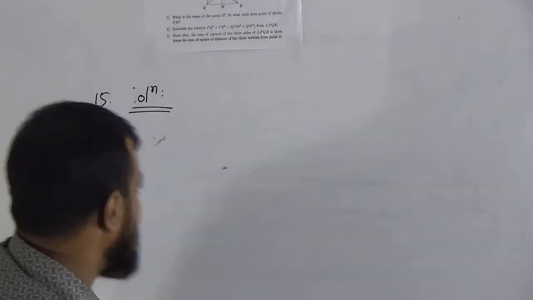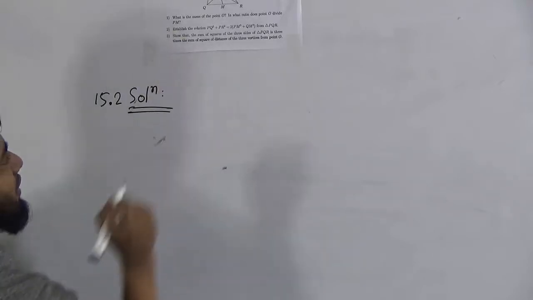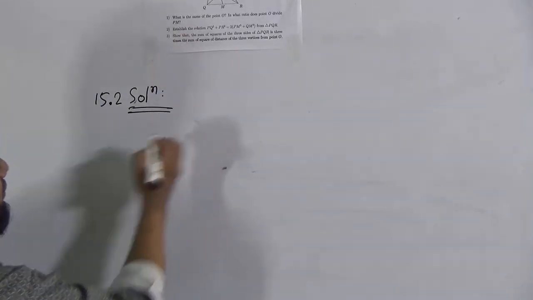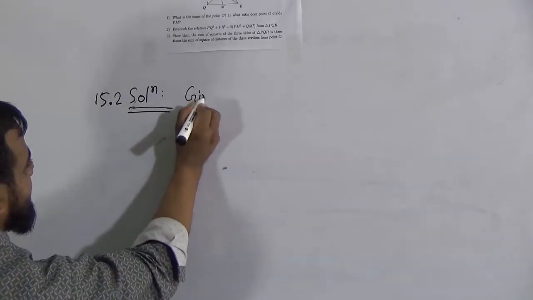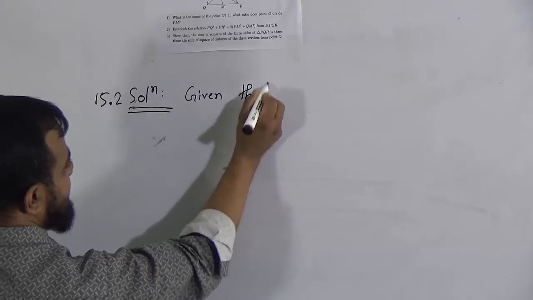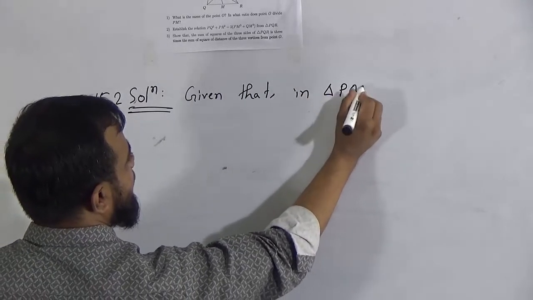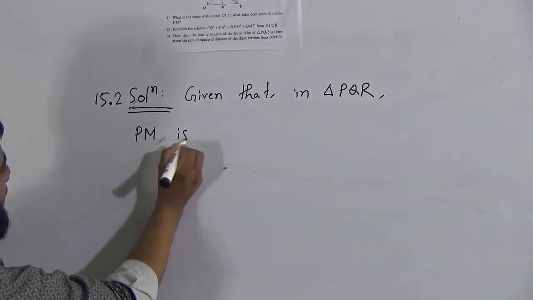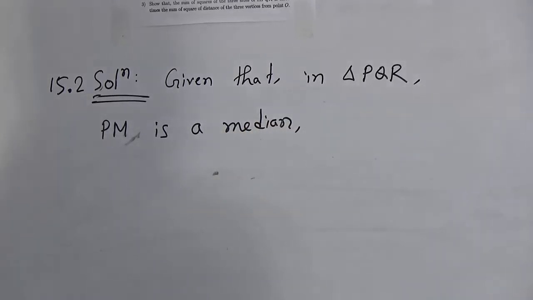The given information is, in triangle PQR, PM is the median.